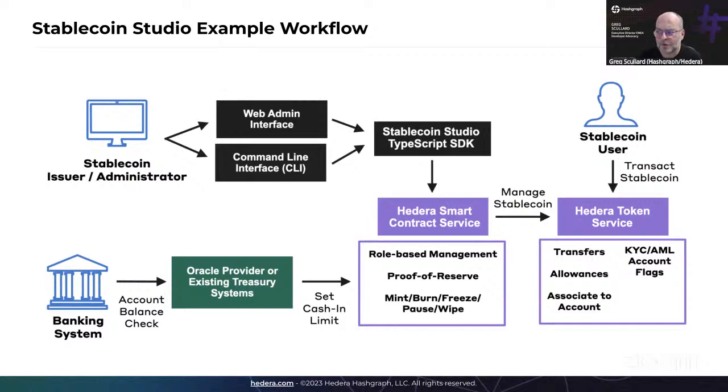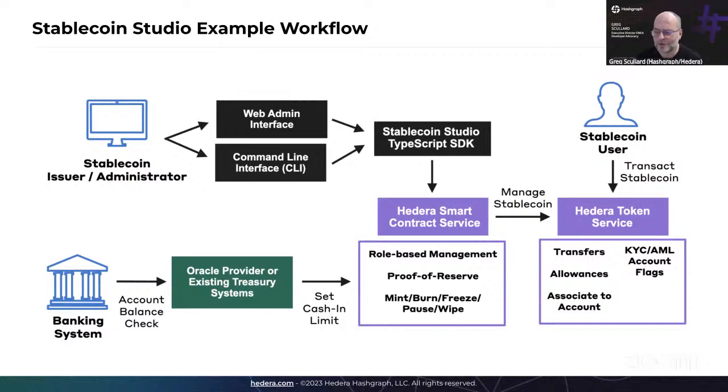The end users of the stablecoin don't need to worry themselves with smart contracts at all. They are in the fast lane, so to speak, and they can transfer stable coins to each other for a hundredth of a US dollar. And they can do so, of course, very, very efficiently.